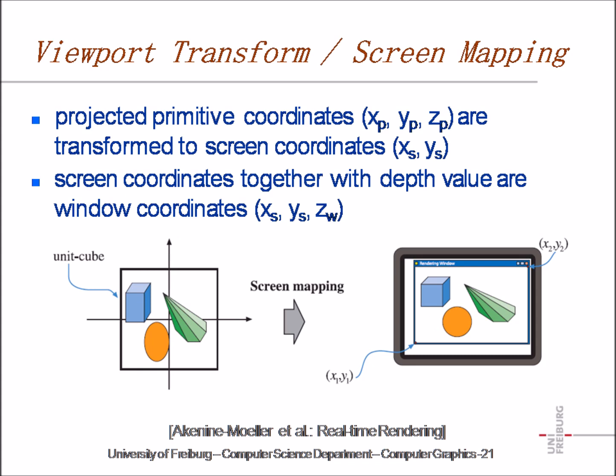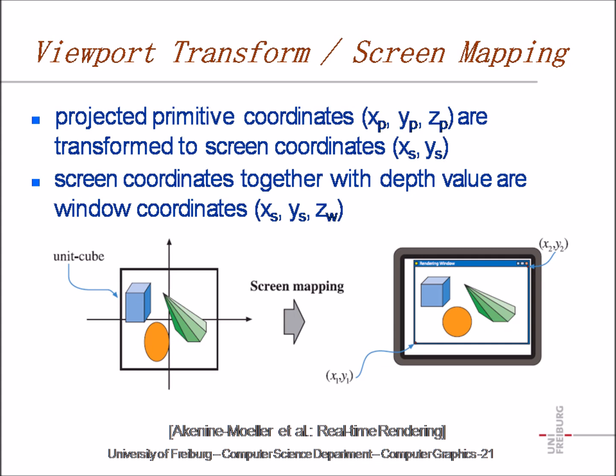The final stage of vertex processing is viewport transform or screen mapping. The concept of viewport transform or screen mapping is that projected primitive coordinates, that is xp, yp, zp, are transformed to screen coordinates, that is xs, ys. Simply, we can say that 3D natural scene coordinates are converted into 2D screen coordinates.